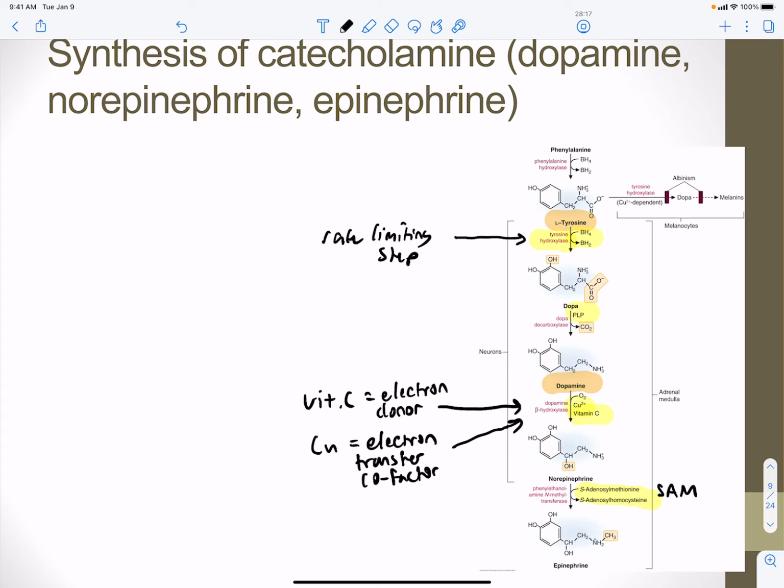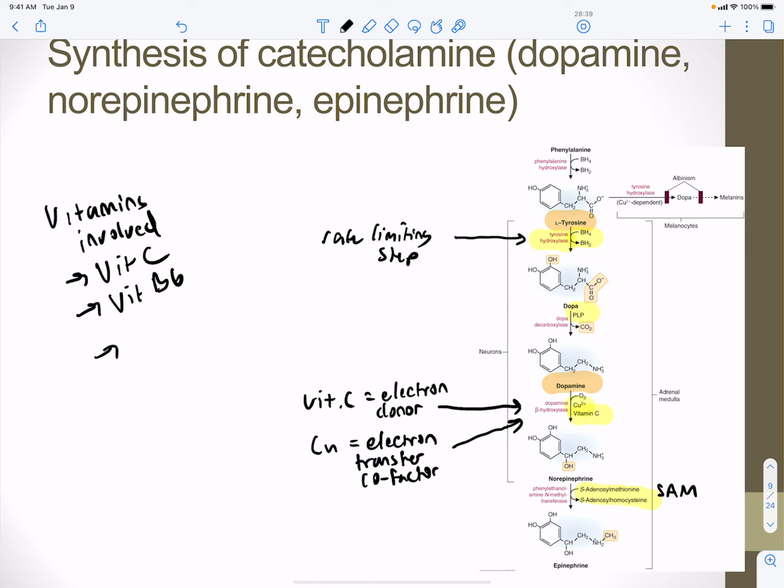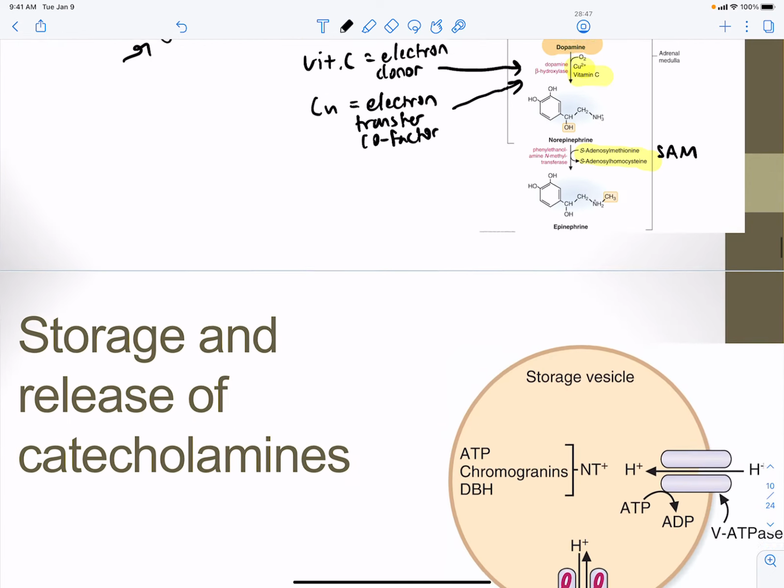So there's a lot of vitamins involved in making these catecholamines. So all of those are going to be involved.